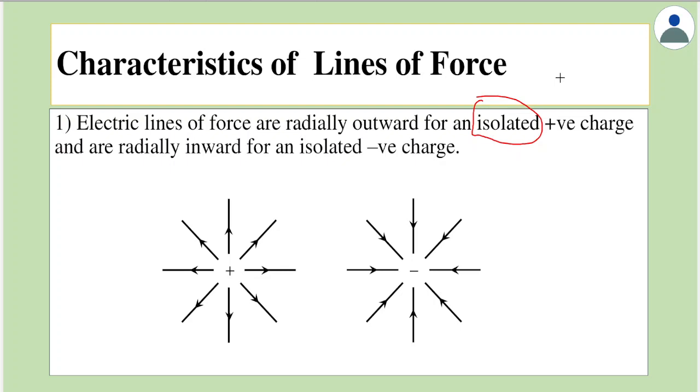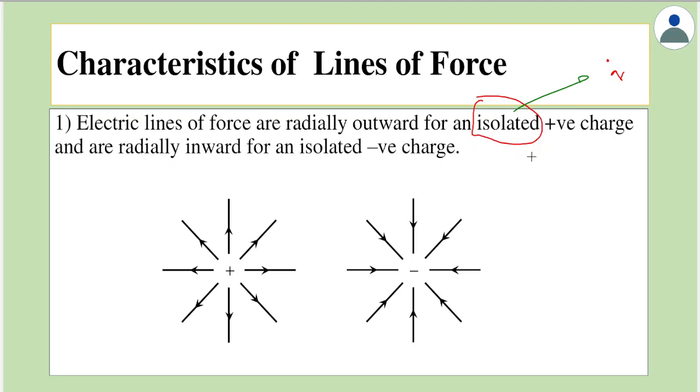So think of a condition where we have a charge very far away in space. If this charge doesn't interact with any other charge, then we can assume that this is an isolated charge.